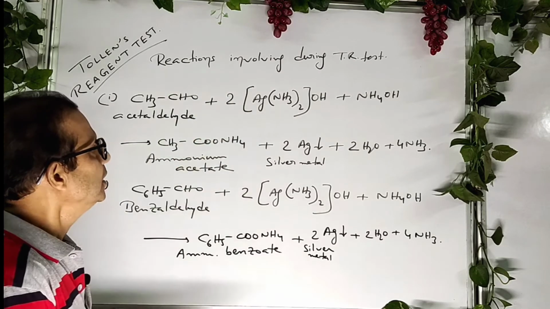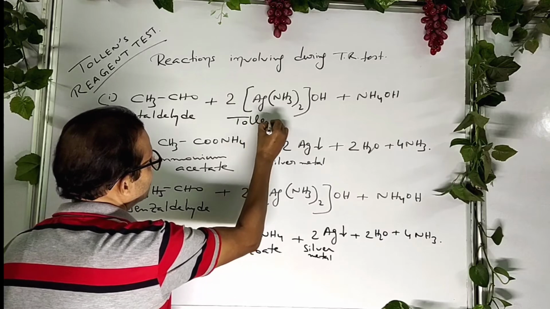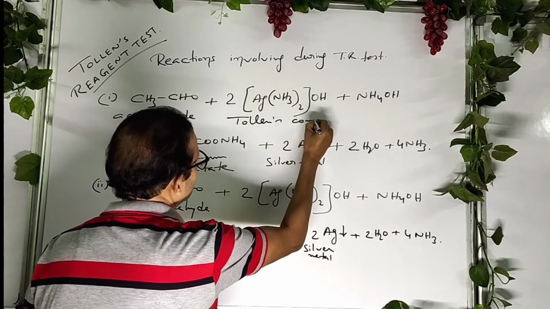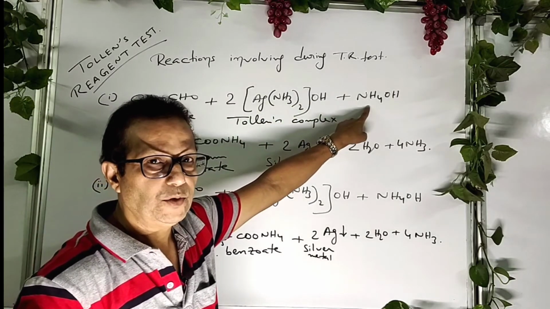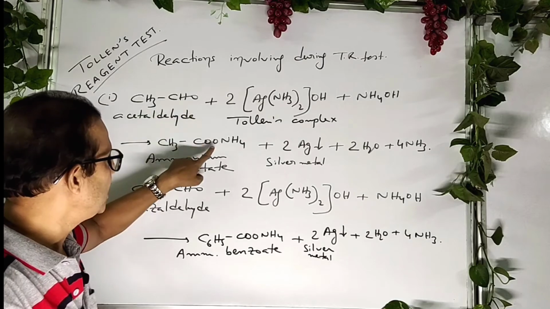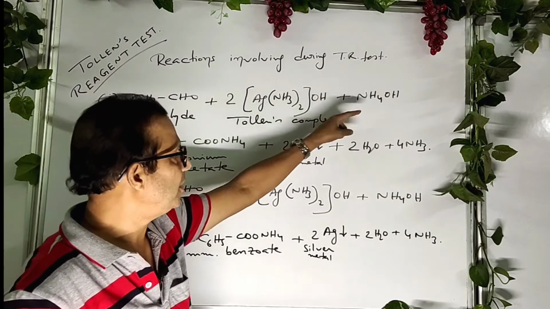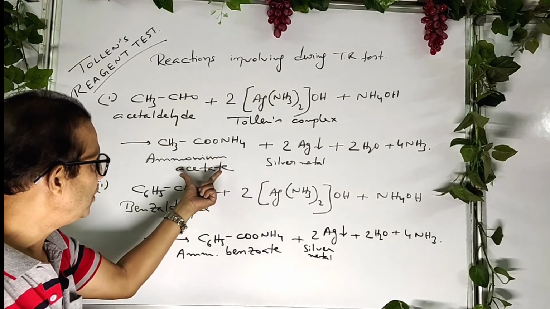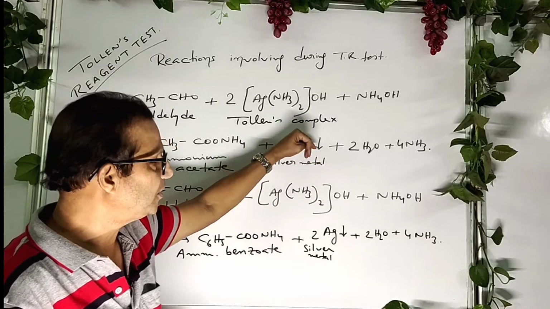This is Tollens complex. You have already taken ammonium hydroxide, they react together. The aldehyde oxidizes to carboxylic acid at first, which reacts with ammonium hydroxide, and finally we get ammonium acetate. Silver metal is deposited at the bottom of the test tube.